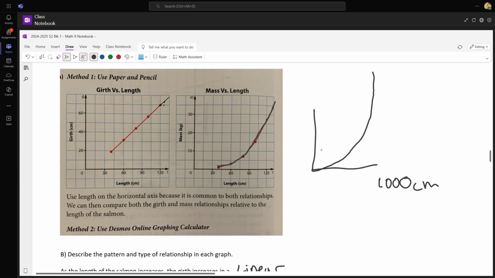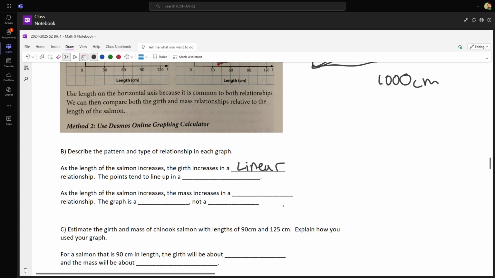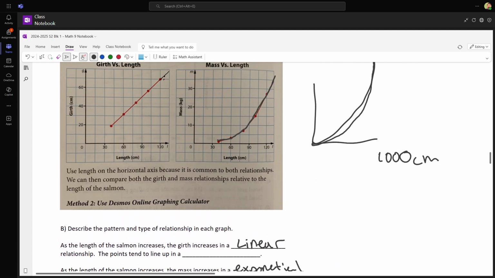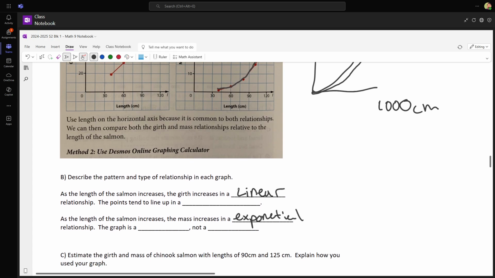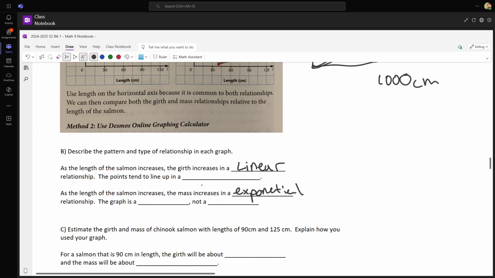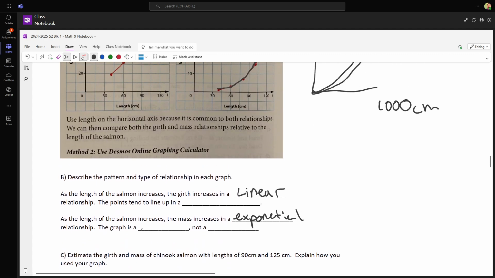Then it'd be super heavy, right? But we're not going to worry about that. So this would be exponential. And for these points, this graph is a continuous relationship and not a discrete relationship.